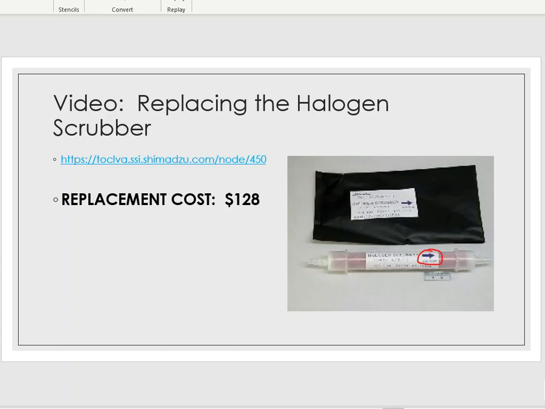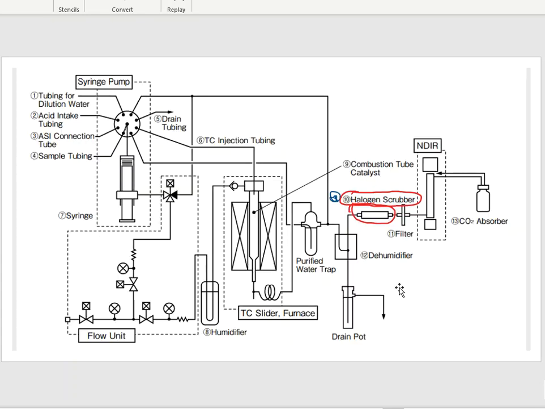So in the next video, what we need to do is go back to the schematic, and take a look at what else is on the schematic that we haven't talked about yet, and I'll give you a couple of options. We've not talked about this purified water trap. We've also not talked about this CO2 absorber.